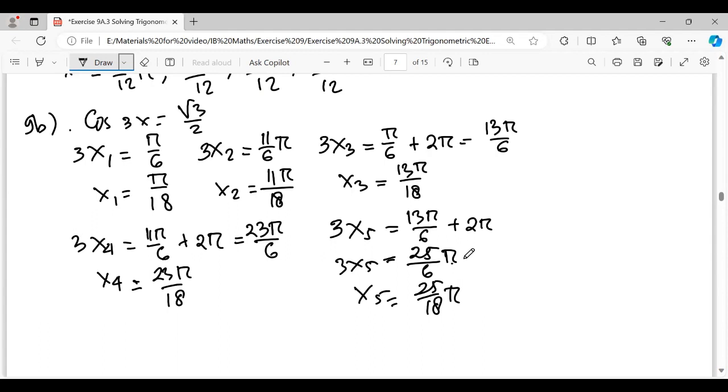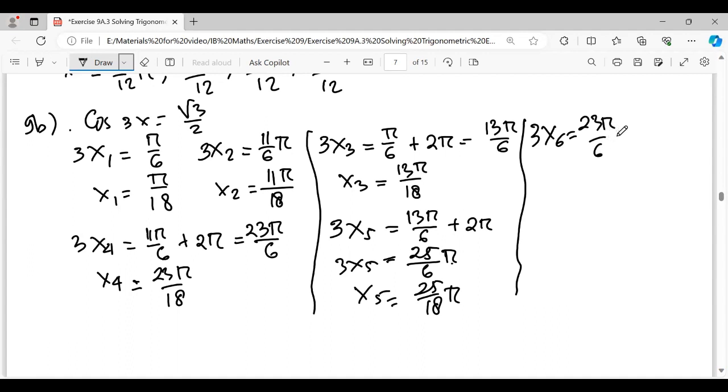Next, 3x6. I have to separate this. 3x6 equals 23 pi over 6 plus 2 pi, 12 plus 23, 35 pi over 6.